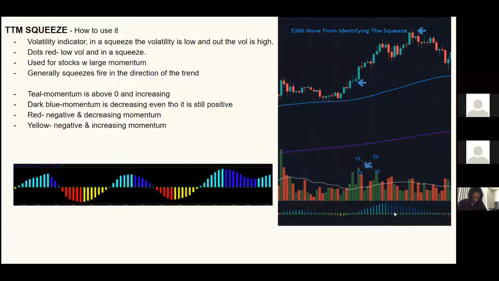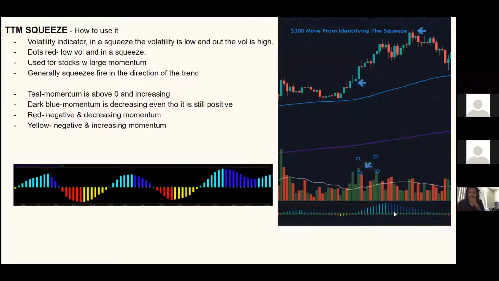Because like I said before, larger time frames hold more merit. If you can find a weekly or a monthly squeeze being fired, you can get an extraordinarily large move in your favor if you catch it early. So utilizing the TTM squeeze on larger time frames is really awesome.